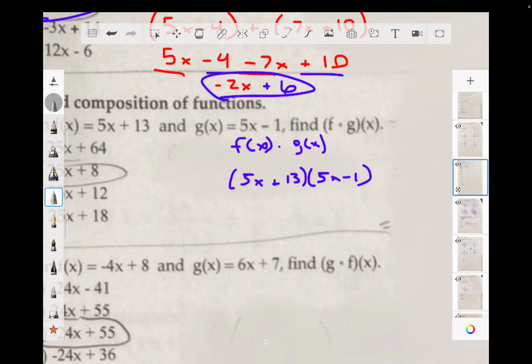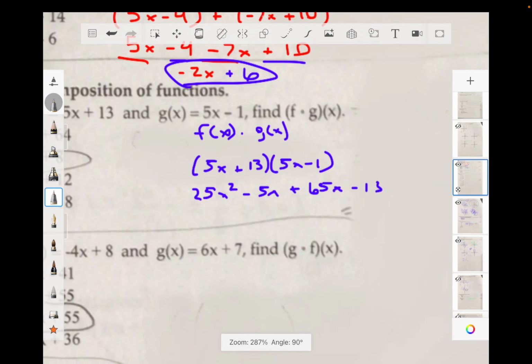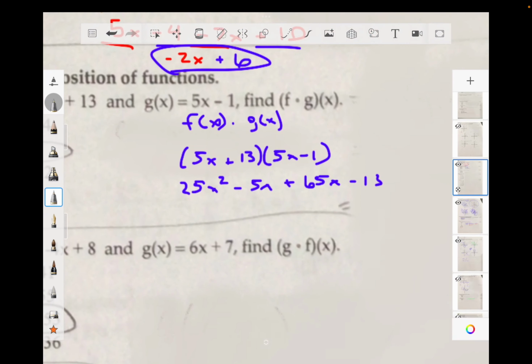Distribute, so it's going to be 25x squared minus 5x plus 65x minus 13. You can't add the first one with anything. -5x plus 65x is just 60x minus 13.